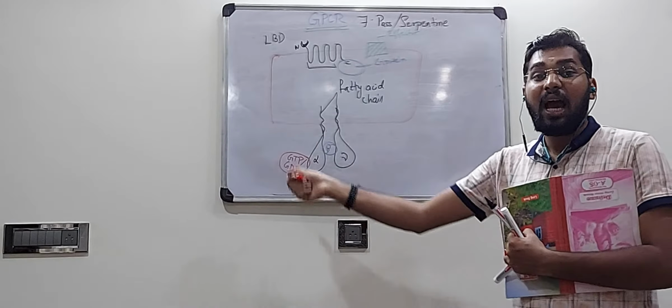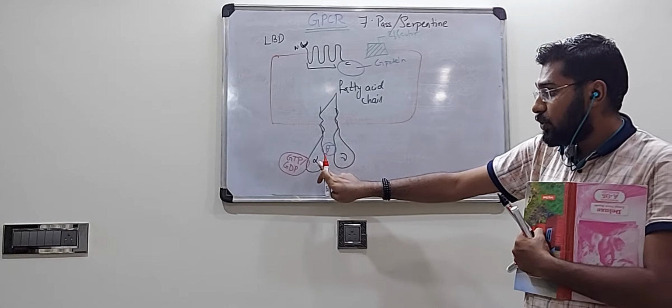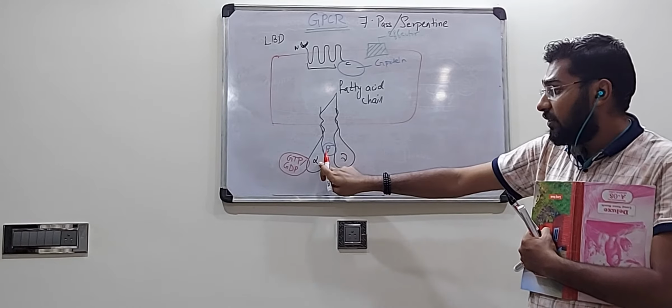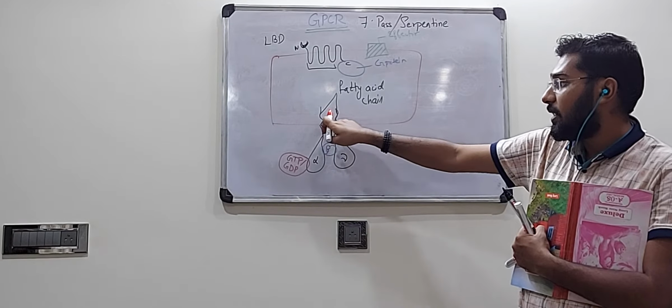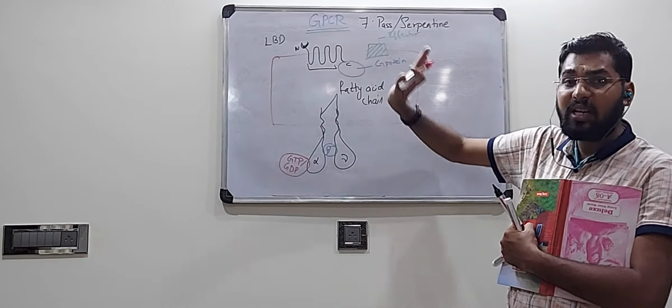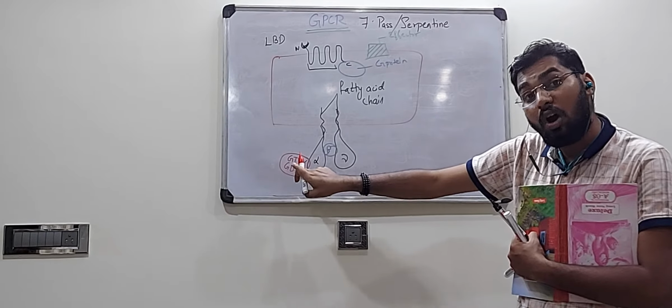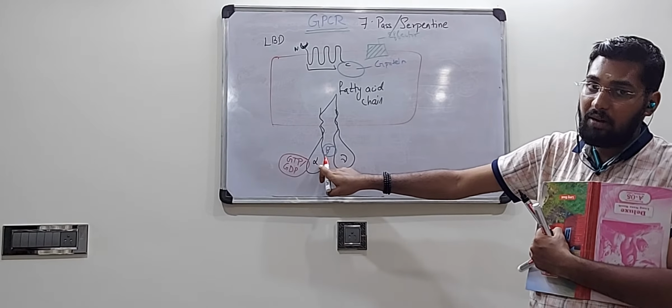So this is the arrangement or the structure of our G protein. It has three subunits: alpha, beta, gamma. Alpha and gamma are attached by a fatty acid chain. This fatty acid chain gets attached to our membrane domain, and our GTP or GDP gets attached with the alpha subunit.